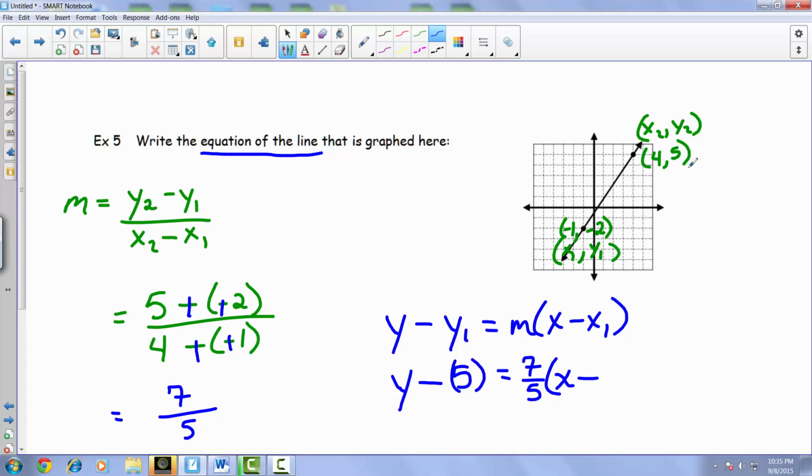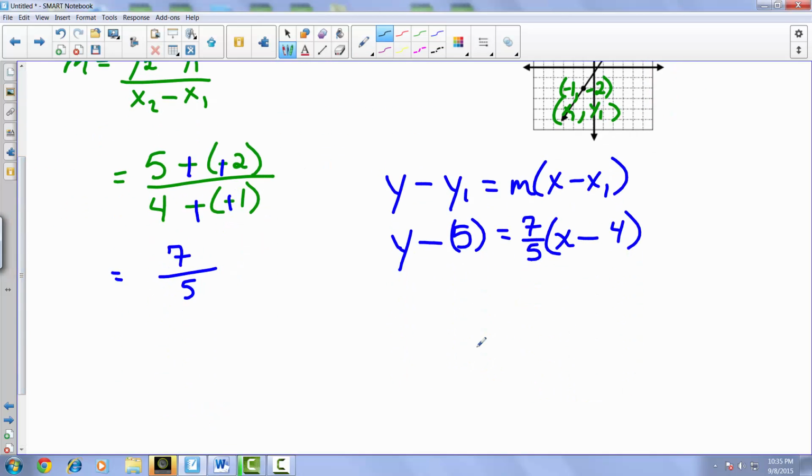Well, again, we were choosing this point 4, 5, so our x value that we're going to go ahead and throw in there is 4. Simplifying things up, we end up with y minus 5 is equal to 7/5 times x minus 4.